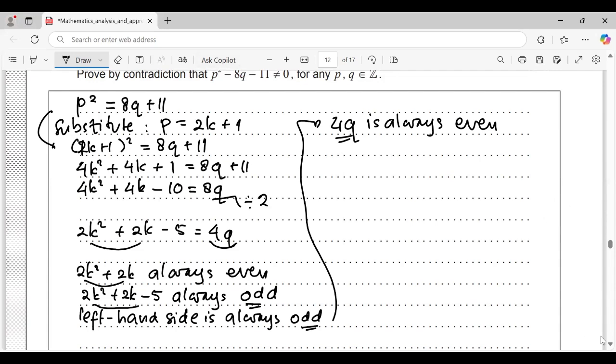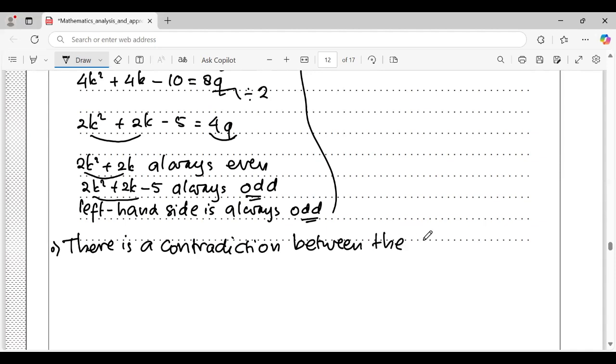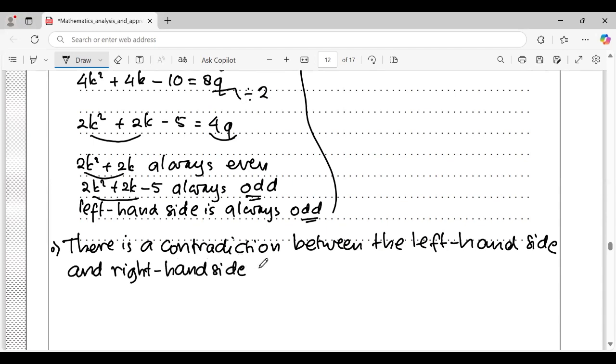I would like to write here: there is a contradiction between the left-hand side and the right-hand side.